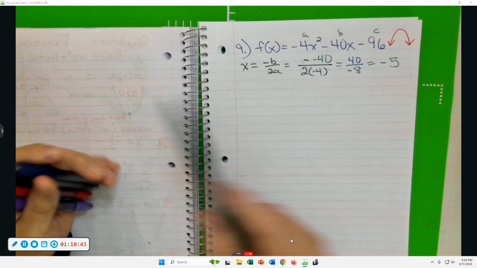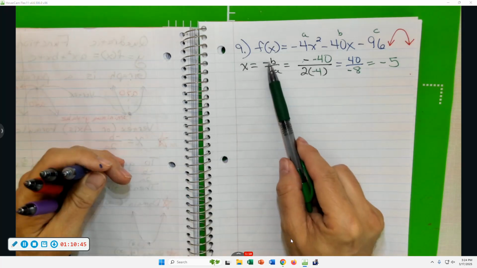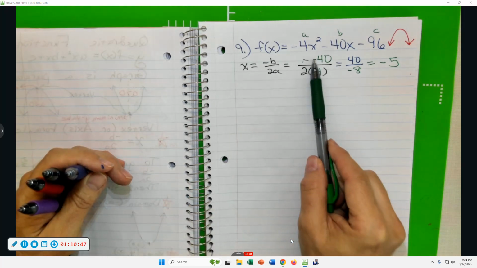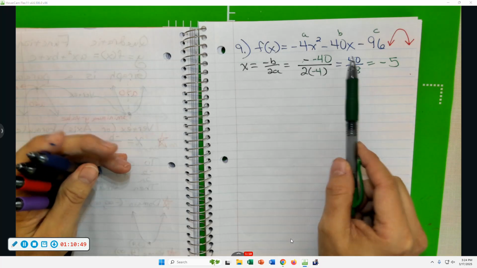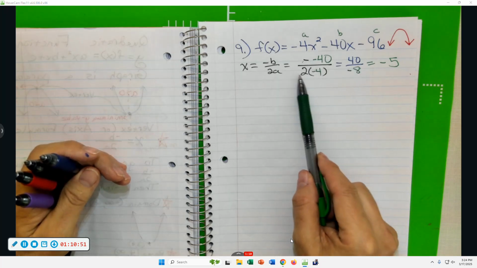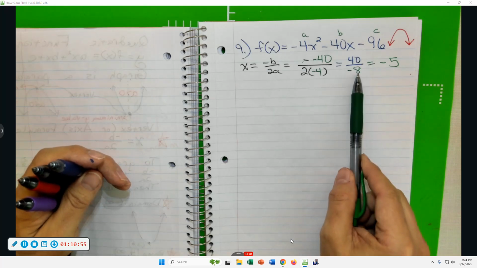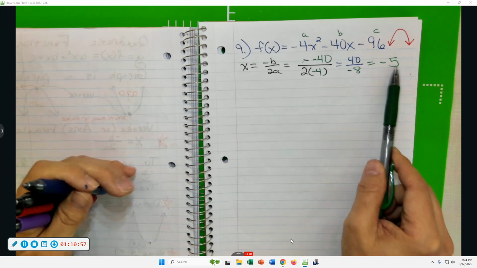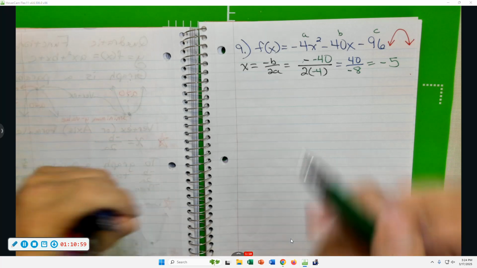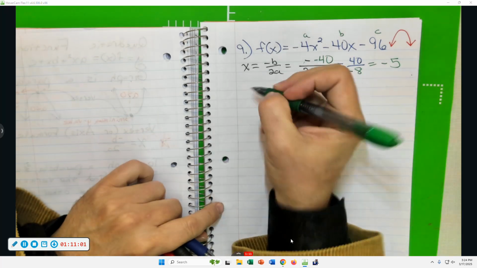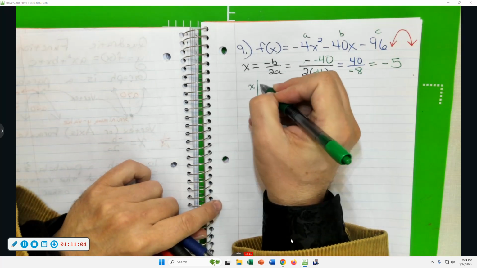Any questions? The opposite of negative 40 became a positive 40. A was a negative 4. 2 times negative 4 gave me a negative 8. 40 divided by negative 8 gives me a negative 5. So that tells me where the vertex is going to occur.